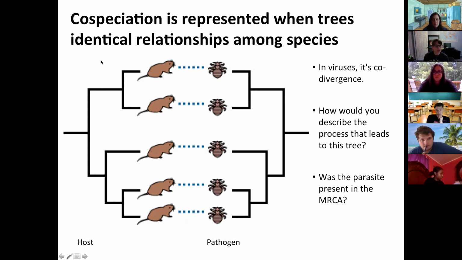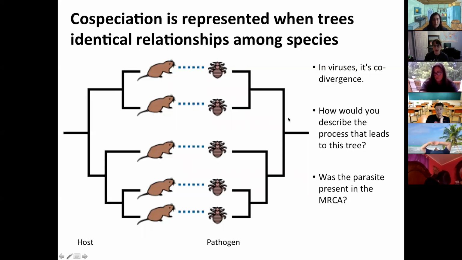All right, so one of the things we started talking about at the end of class was this idea of coevolution. And remember, that's when one species evolved in response to changes in another. And when that happens, you can get this representation in phylogenies where the species that are pathogens have the same relationships as the hosts. So in this diagram, it's really a cartoonish diagram of a tick-like or ectoparasite.